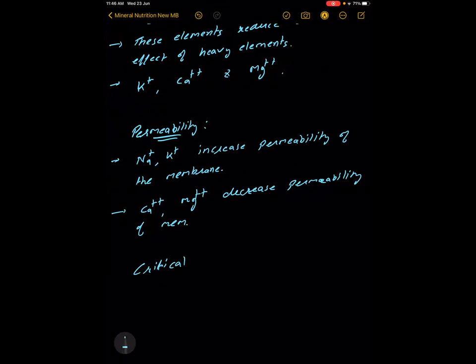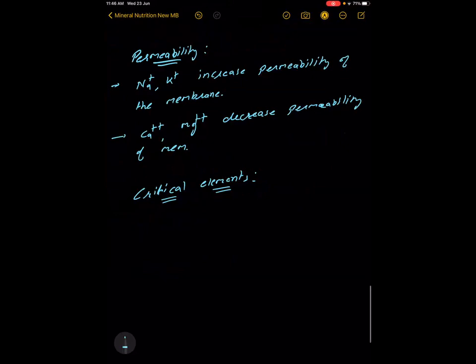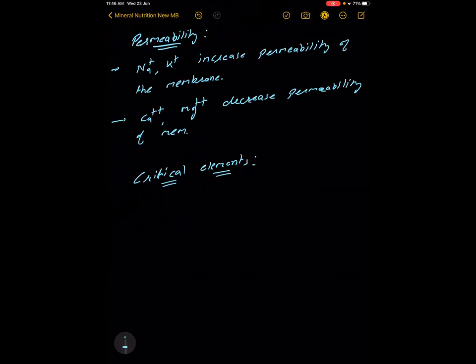These ions are very less in the soil, so they are called critical elements. Generally they belong to the category of macronutrients or macro elements.